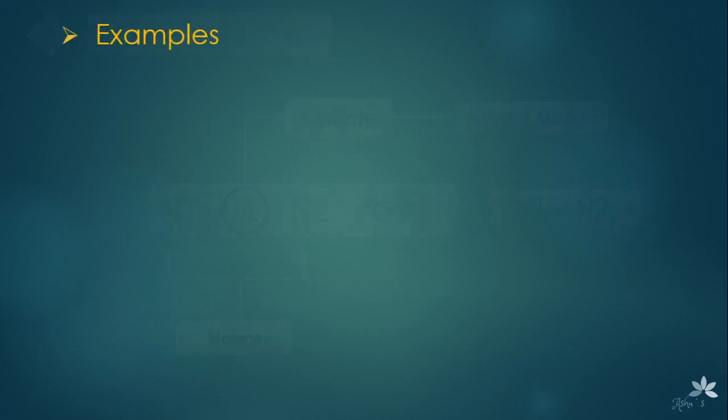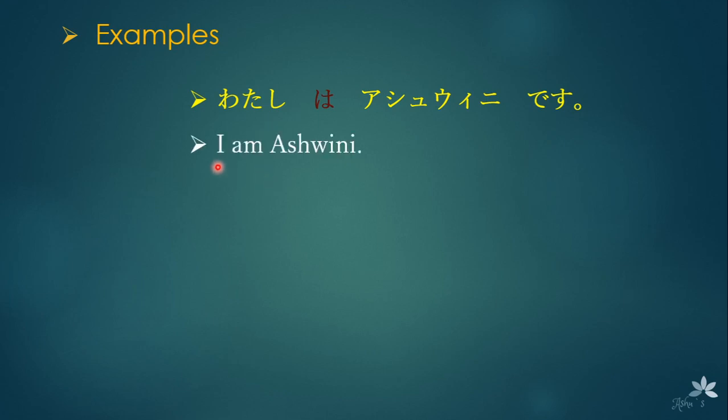Now let's see a few examples in the same sentence pattern. Watashi wa Ashwini desu. Watashi means I. So this sentence translates to I am Ashwini. Let's go to the next example. Watashi wa Indojin desu.